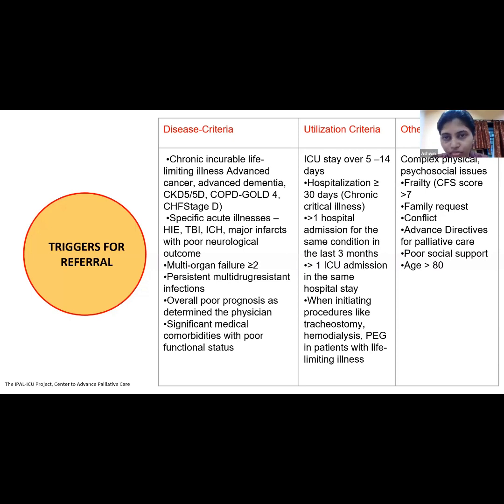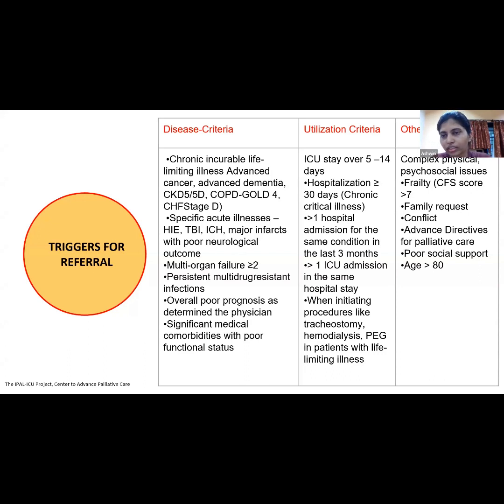Then utilization criteria include an ICU stay over 5 to 14 days, hospitalization of 30 days or more, that is chronic critical illness, more than 1 hospital admission for the same condition in the last 3 months, or more than 1 ICU admission in the same hospital stay, and when initiating procedures like tracheostomy, hemodialysis, or PEG in patients with life-limiting illnesses.